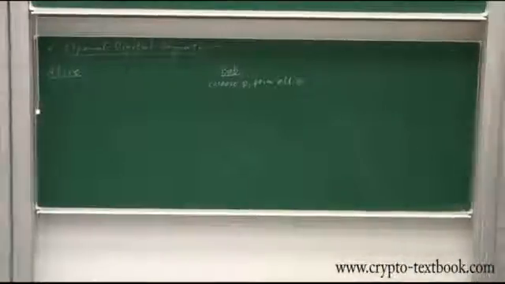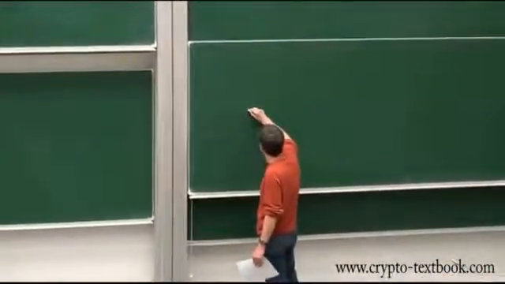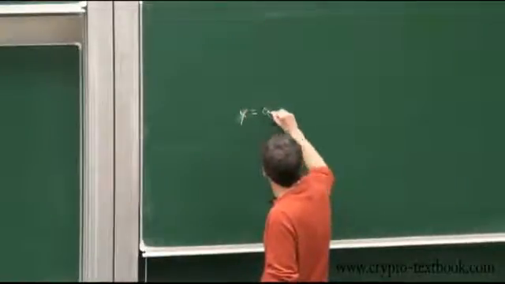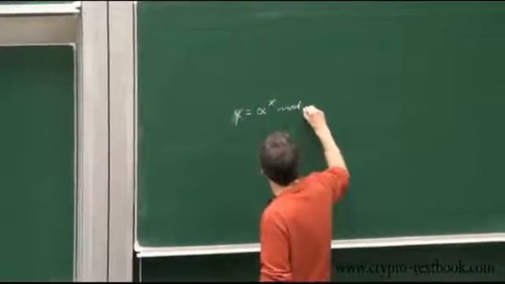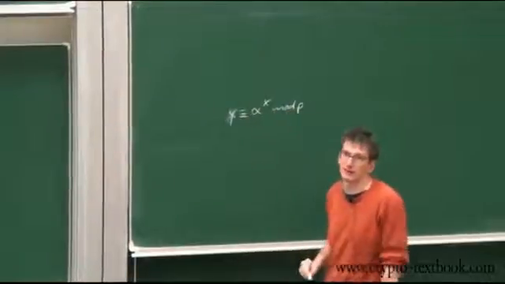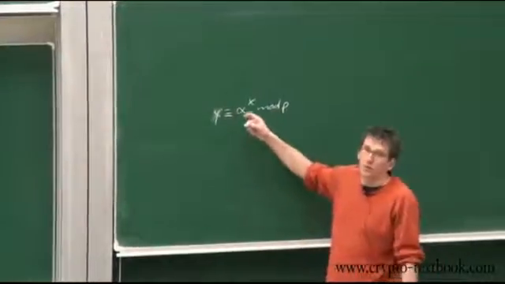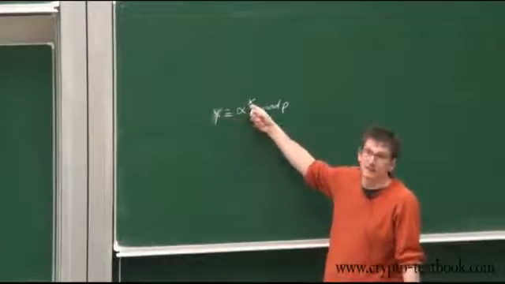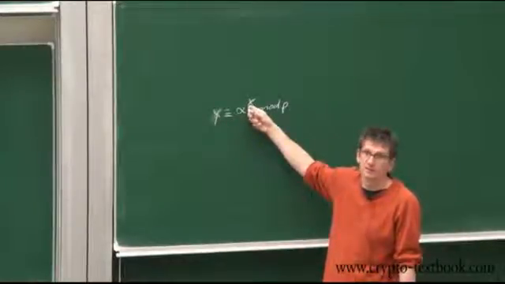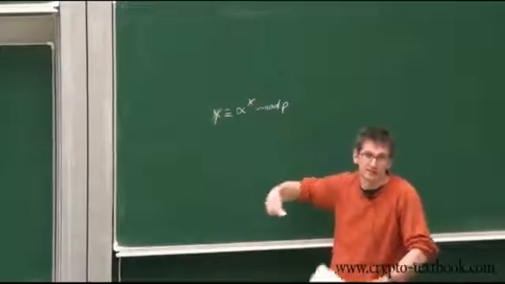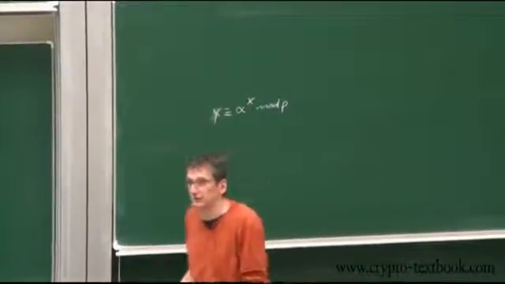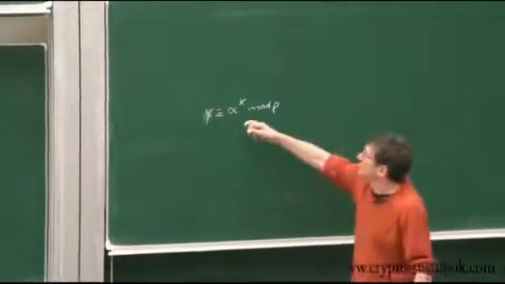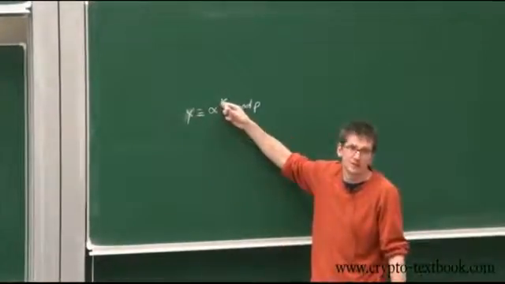Discrete logarithm is always something like this, right? This is the setting. And we have x and y, and one is the public key, one is the private key. Is x the public key or the private key in this DL system? It's a private key, right? It's called discrete logarithm problem because it's a problem to compute a logarithm. It's difficult. Computing the logarithm means it's difficult to compute the exponent here.